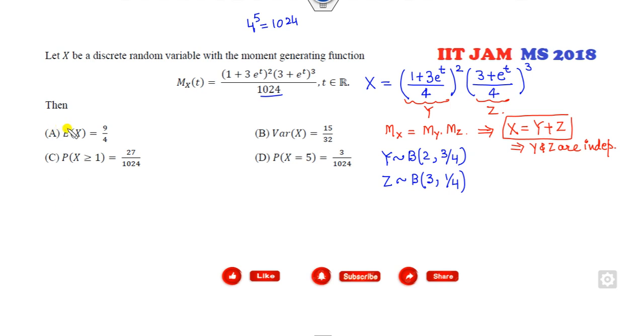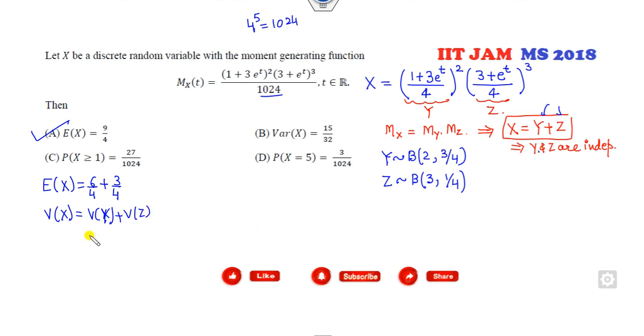That's over. Now your target is to find the expected value of X. That means expected value of Y plus expected value of Z. So 6 over 4 plus 3 over 4 is 9 over 4. Correct answer. What is the variance of X? So variance of X is variance of Y plus variance of Z, because they are independent.